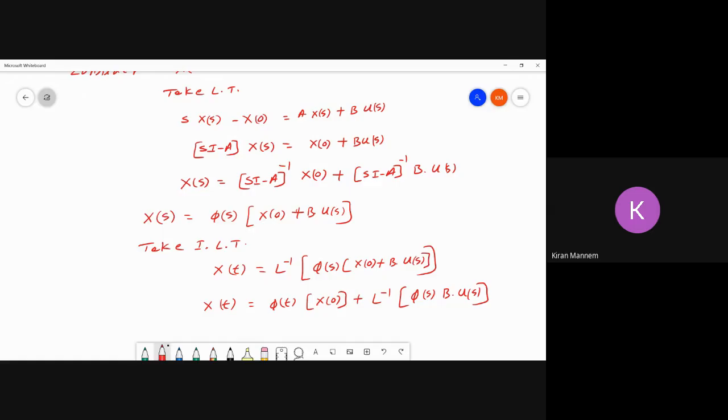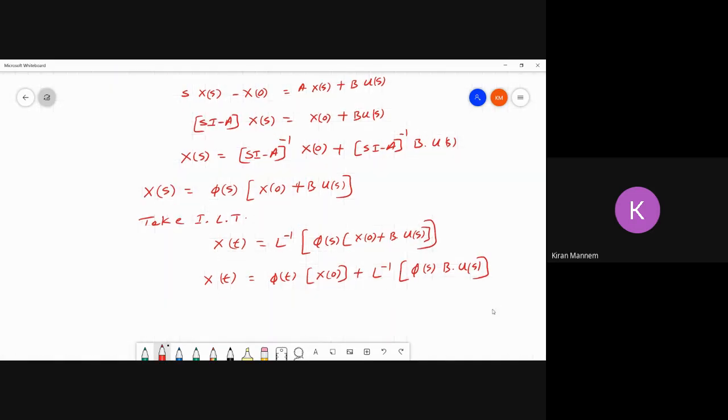So this is the solution for the non-homogeneous equation, right?